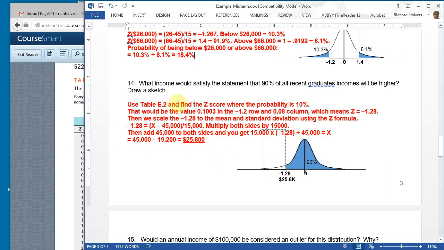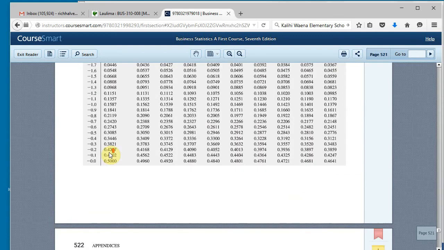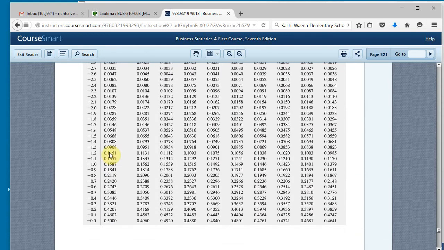And so let's find 10%. That's up here. That's 0.1. That would be like right here, 0.1003. That's as good as it gets. That's minus 1.28.